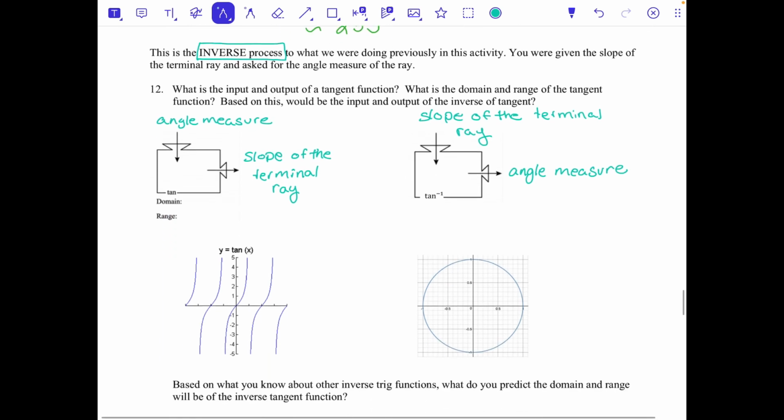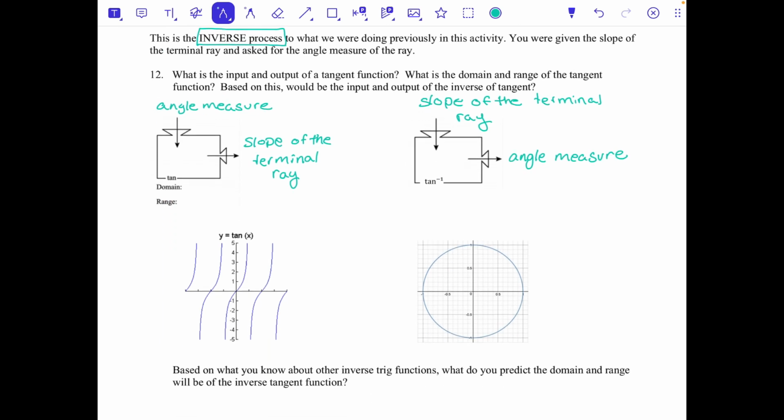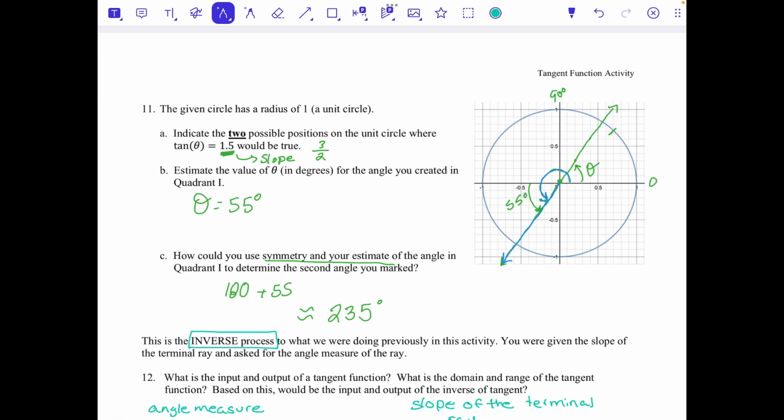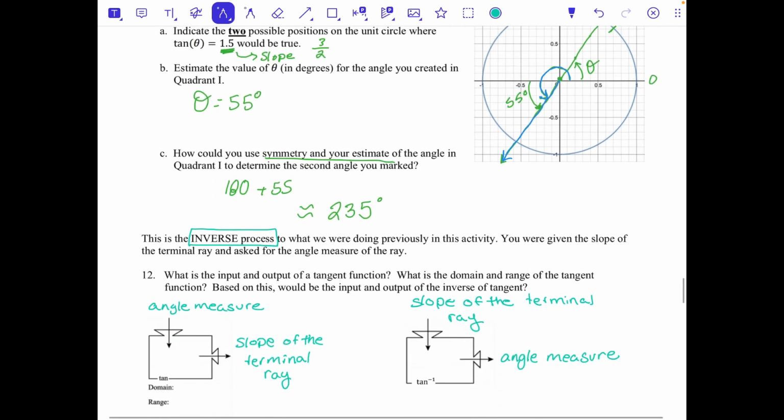So if you're thinking about this though, just like with inverse sine and cosine, if we were simply to take our tangent function, which we can see a mini graph of down below here, notice that if I just traded my inputs and outputs, I would have multiple angle measures that have the same slope. And we showed that in this earlier problem. We had two angle measures between 0 and 360 that had that same slope of 1.5.